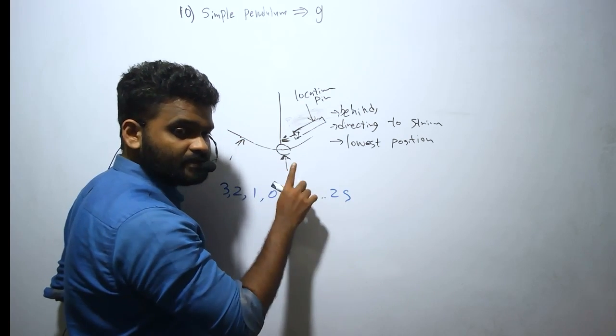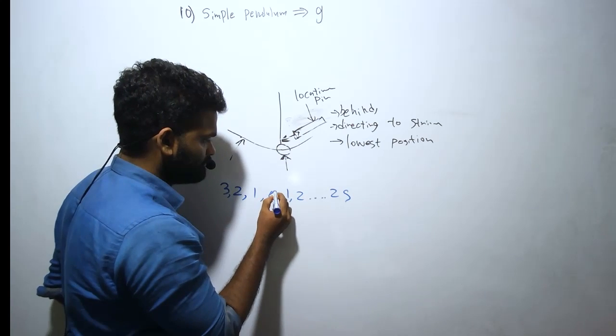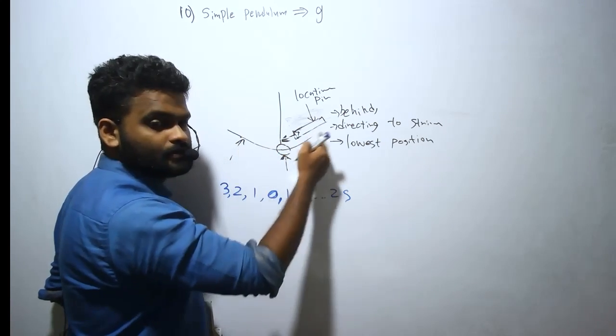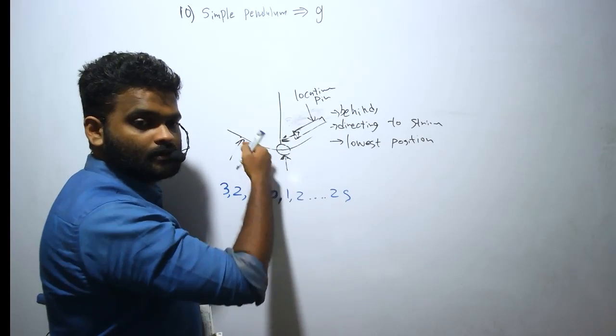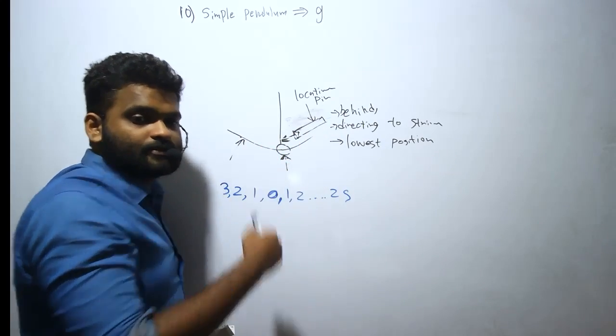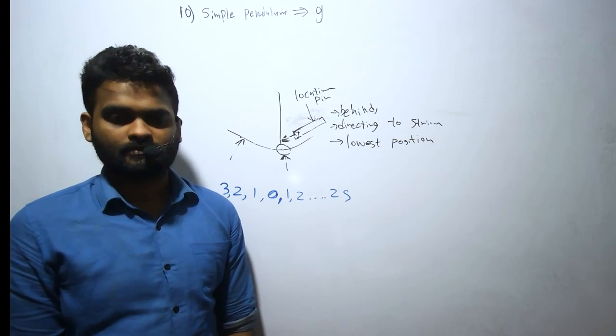When you are saying 1, you start the stop clock. 1, 2, 3, 4, up to 25. Once this passes 25, you stop the stop clock, right? So that's how you take the time measurement. Okay.